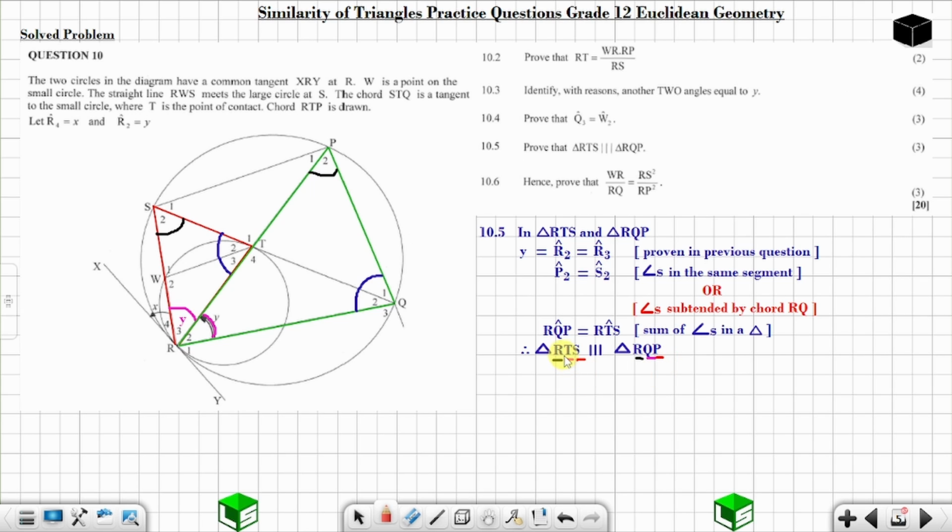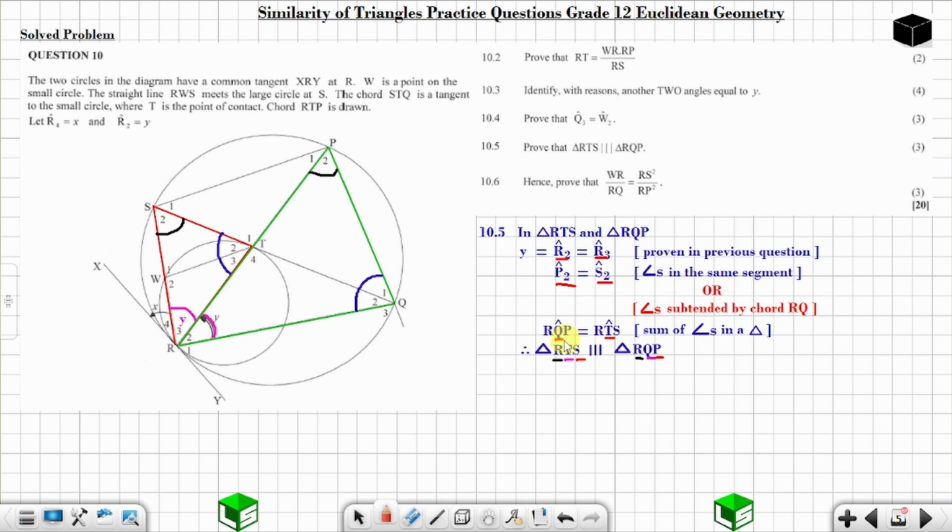You can see angle at R is equal to angle at R. Angle at T is equal to angle at Q. Angle at S is equal to angle at P. Always respect the order so that you write the proportionality equation correctly.